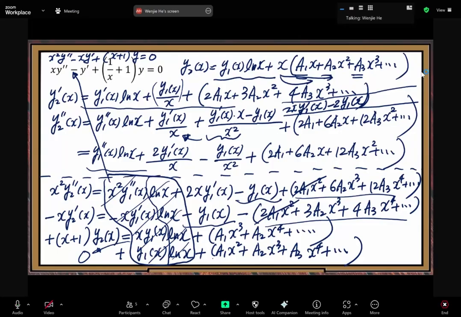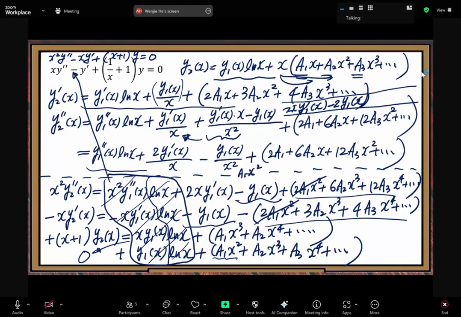But you have a capital A1 x squared left. So let me use this place. The x squared term, A1 x squared.